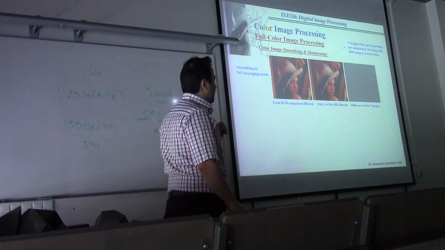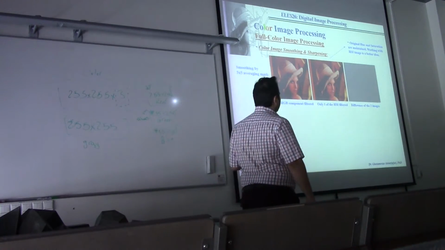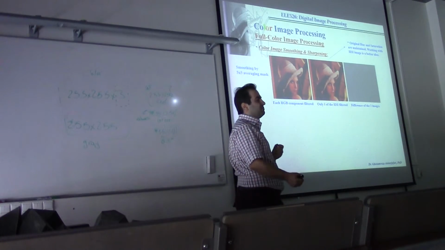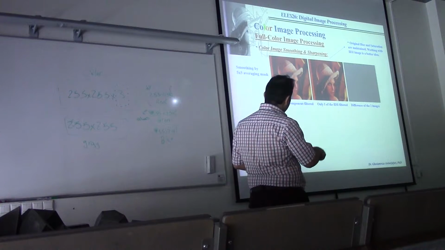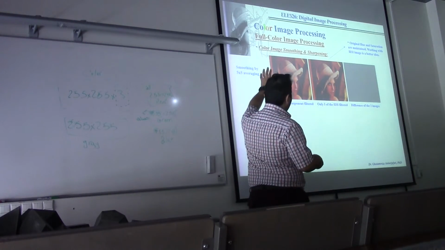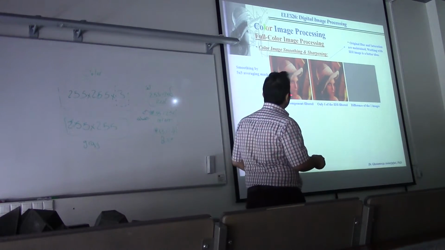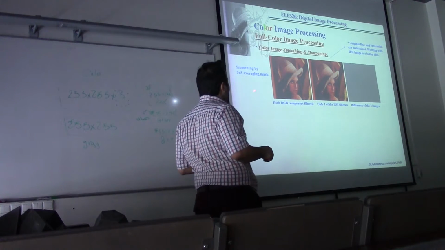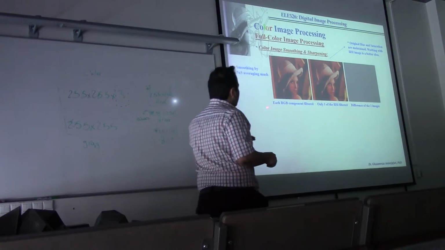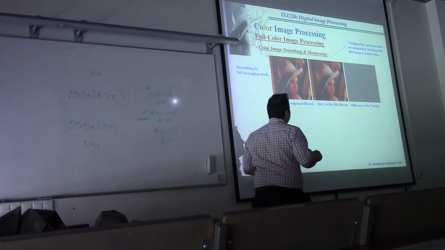If you want to apply a smoothing filter, such as the averaging filter that we use for smoothing, this is the original image. This is the image after applying the smoothing by a 5x5 averaging mask in the RGB color space.